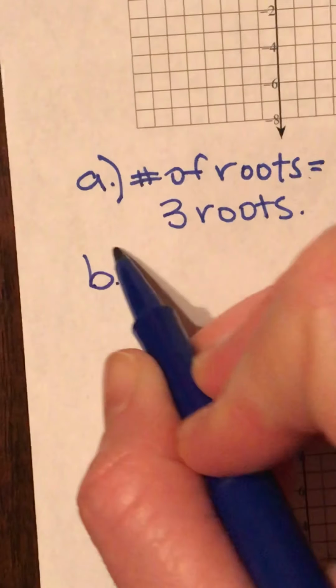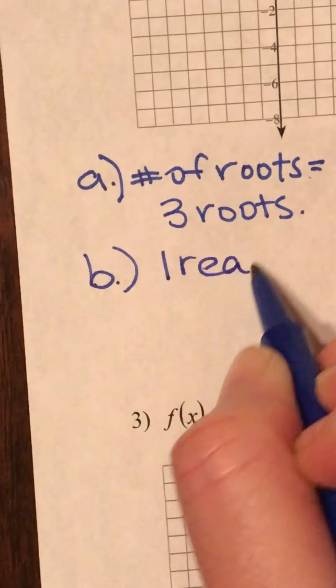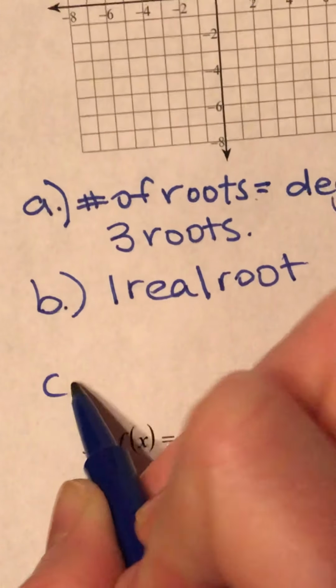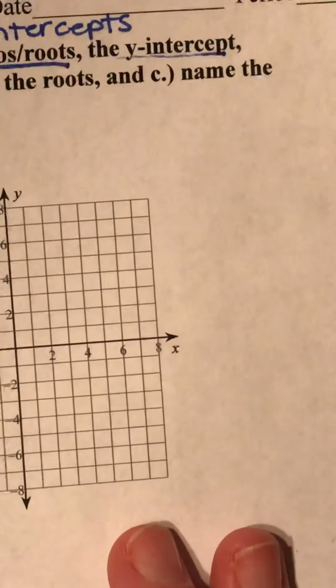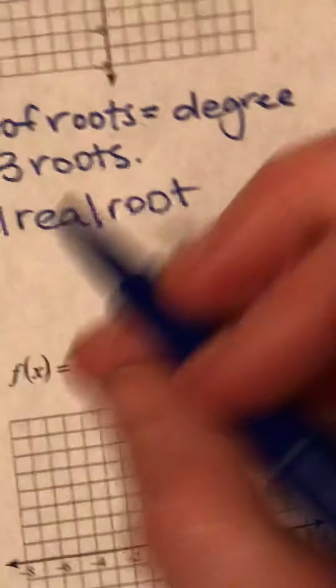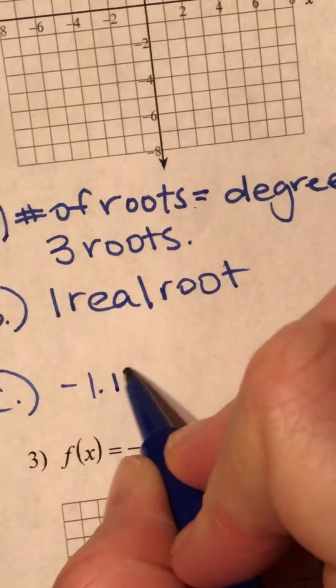B, we have one real root. Also for part C, which asks us to name the real roots, that root is at negative 1.13.